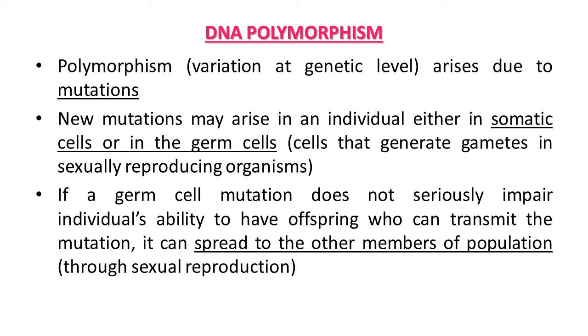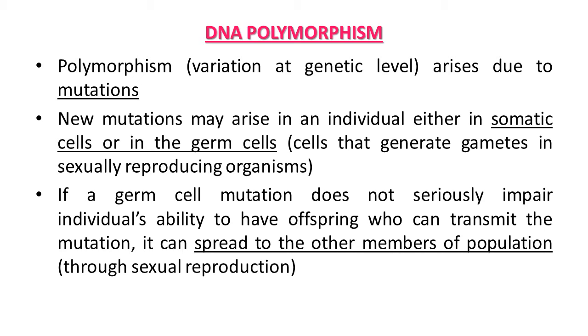Now it is clear that if a germ cell undergoes mutation, it may be carried to the next generation also. This germ cell mutation does not seriously impair the individual's ability to have offspring who can transmit the mutation. It can spread to other members of the population, because higher organisms are sexually reproducing.